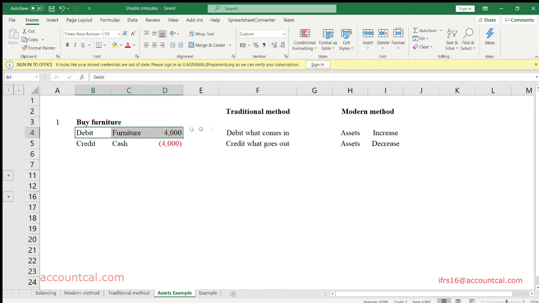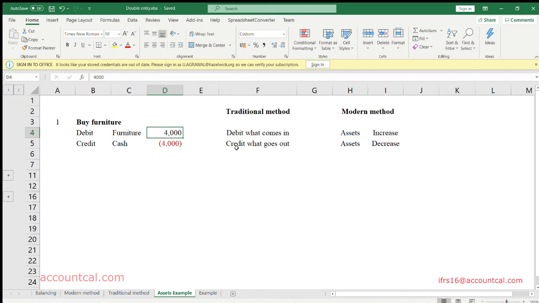That's what we have done. Our furniture has increased, and that's why we have debited the furniture by 4,000. Again, the traditional method says debit what comes in. What has come in? Furniture has come in. So you debit the furniture.